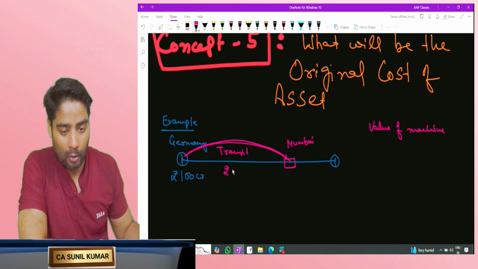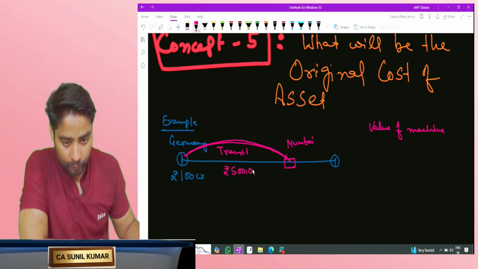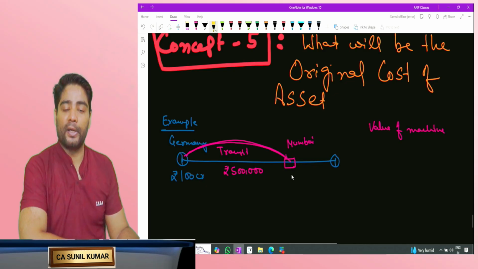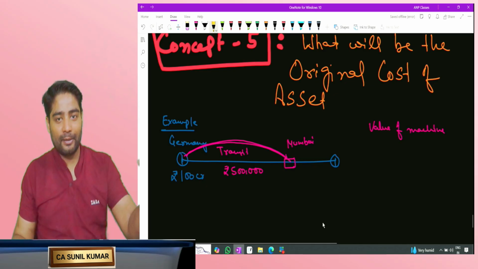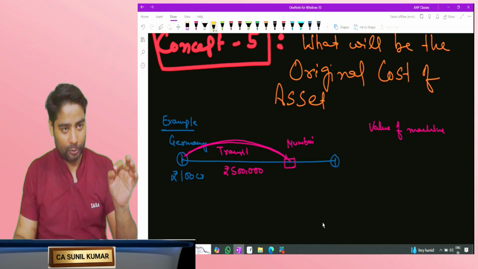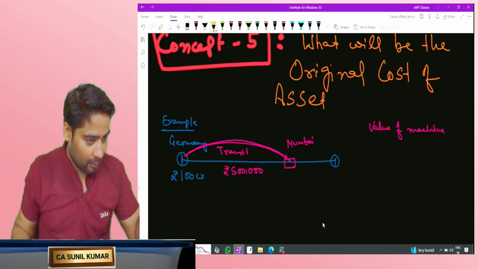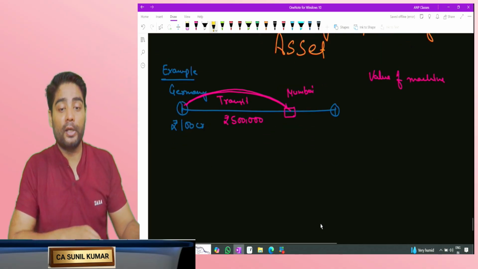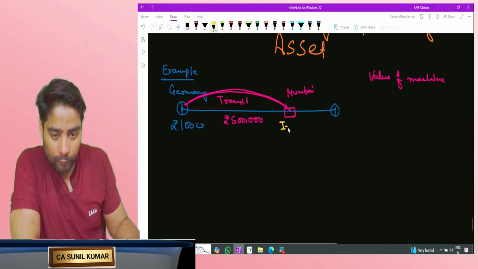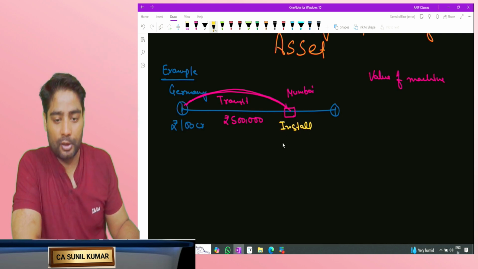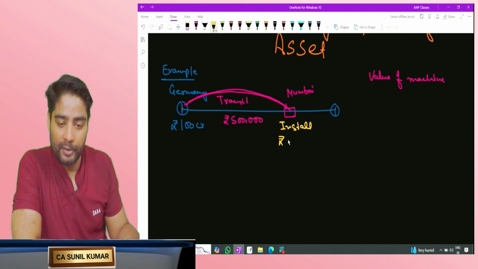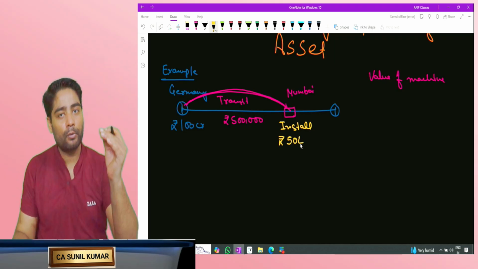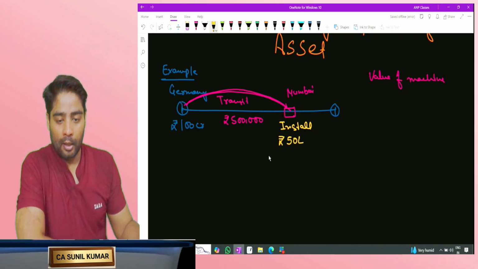Let's suppose it is around 5 lakh. And when it reaches Mumbai, is it plug and play? Can you plug in the switch, push the button on and use the machine? No, sir. You have to install this machine, and the cost of installation will be around 50 lakhs.